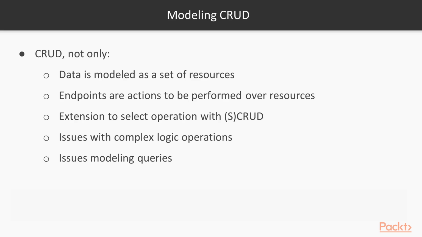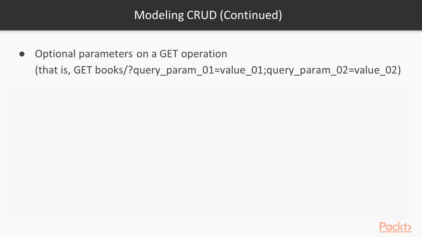Think about modeling a query. There is no clear way in this model to represent a query. You can use a set of optional parameters on the get operation. Say you overload the get books command, attaching params and values for your query.